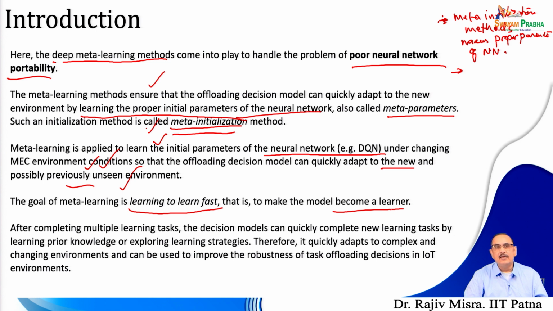So, after completing the multiple learning tasks, the decision models can quickly complete the new learning task by learning prior knowledge or exploring the learning strategies. Therefore, it quickly adapts to the complex and changing environments and can be used to improve the robustness of task offloading decisions in IoT environment.